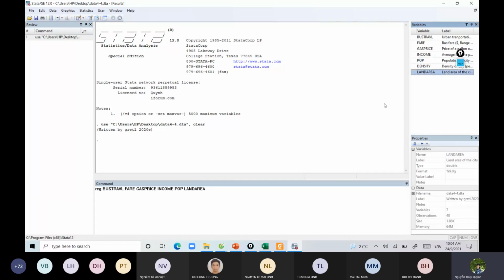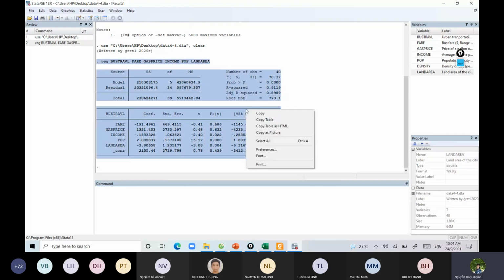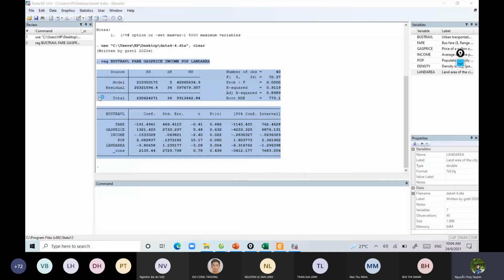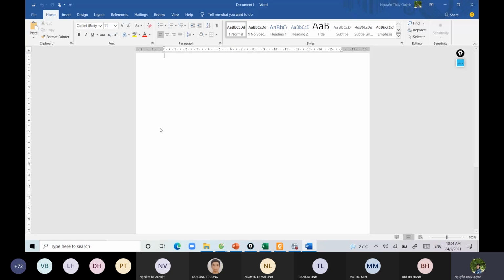Okay, enter. All right, so I have this one. We have this one, the estimation output. We have the estimation output here. All right.